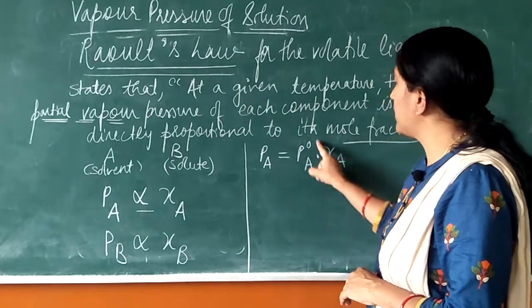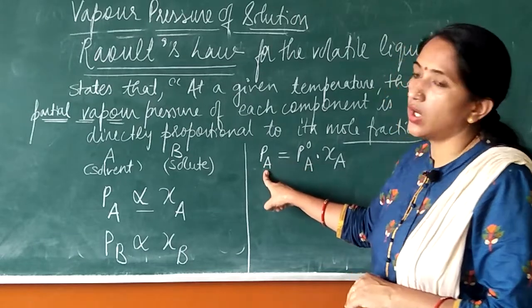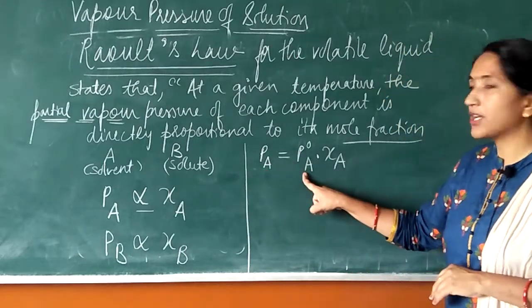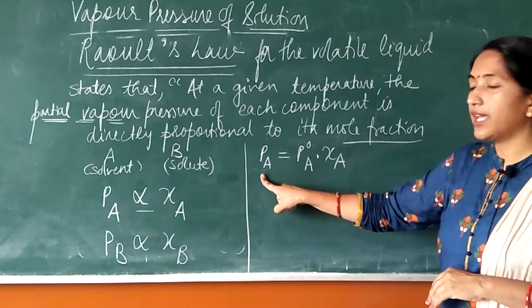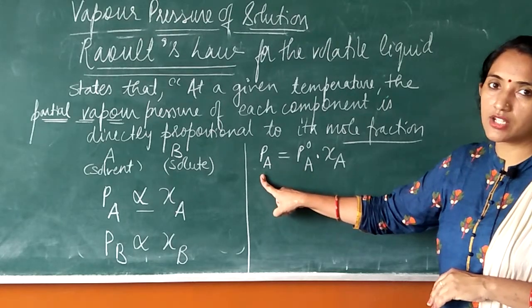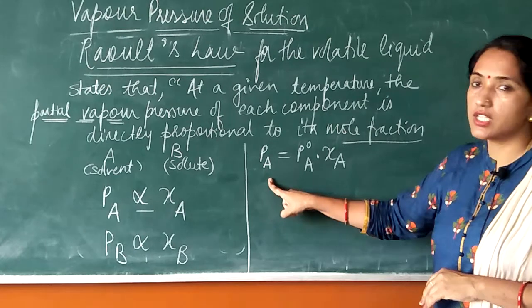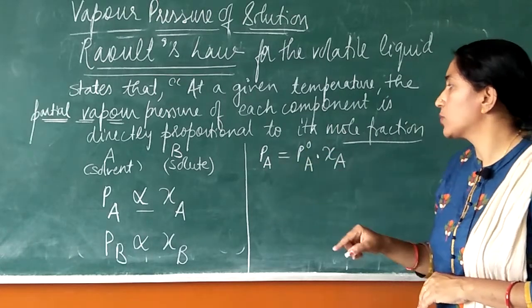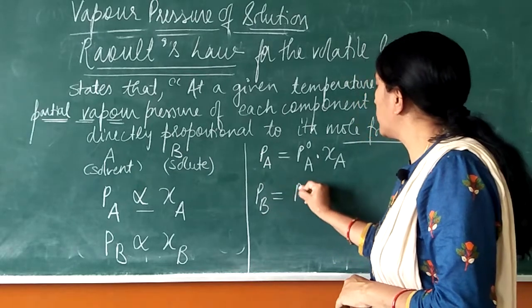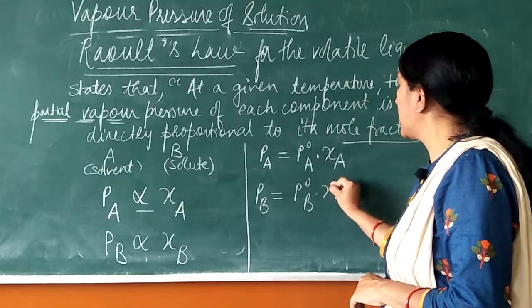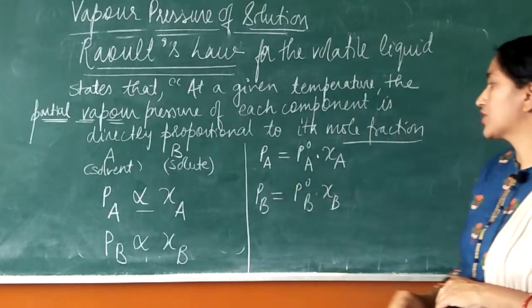P naught A will always be a constant for this particular component. The vapor pressure of the pure component is a constant term. PA, the partial vapor pressure, can increase or decrease, but this P naught A is going to be fixed. Similarly, PB is equal to P naught B times the mole fraction of B.